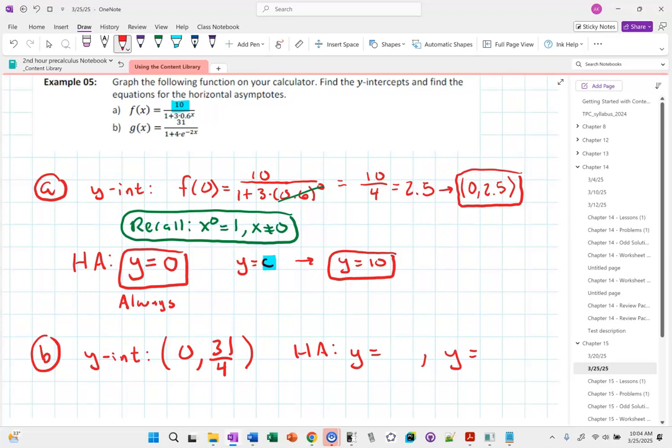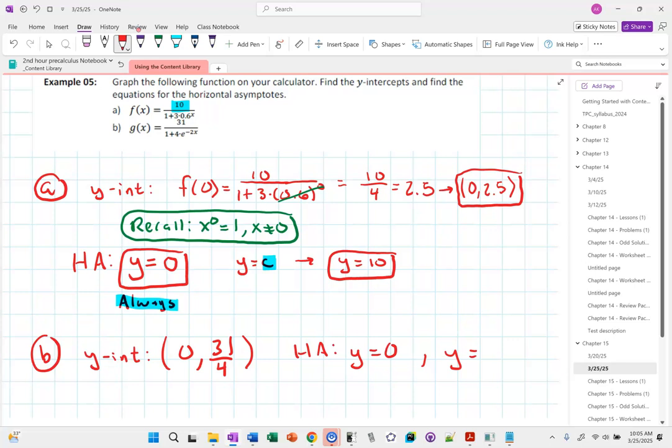Who can tell me what the horizontal asymptotes are going to be? One of them should be easy. 0, y equals 0.